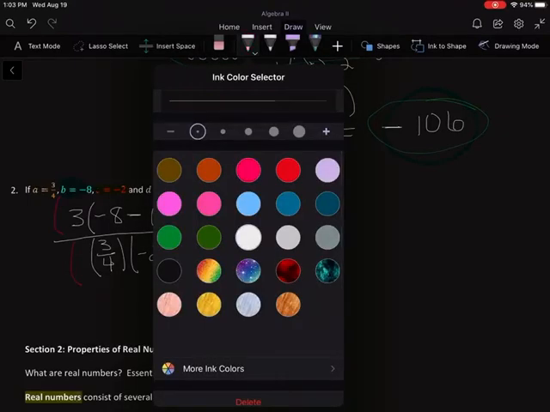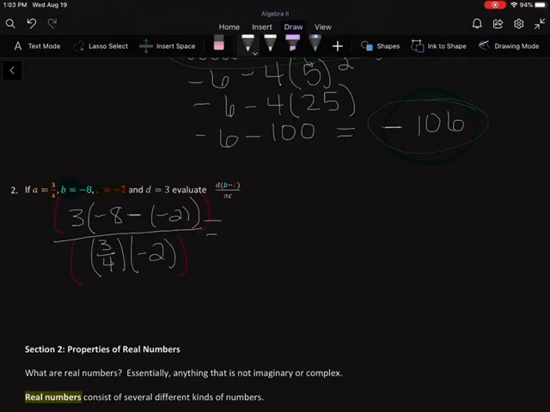So if we go back and actually calculate this by hand, I have 3 times a -6 on top. And 3/4 times -2 is -3/2. And then on top I have -18 divided by -3/2.